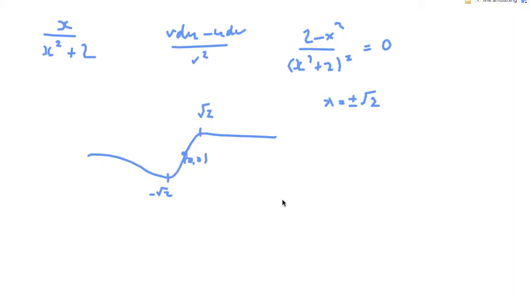What we didn't talk about is what if you need to show that it's increasing. To do that, you look at the second derivative at the point minus root 2, so you need to differentiate this again, then put minus root 2 in.